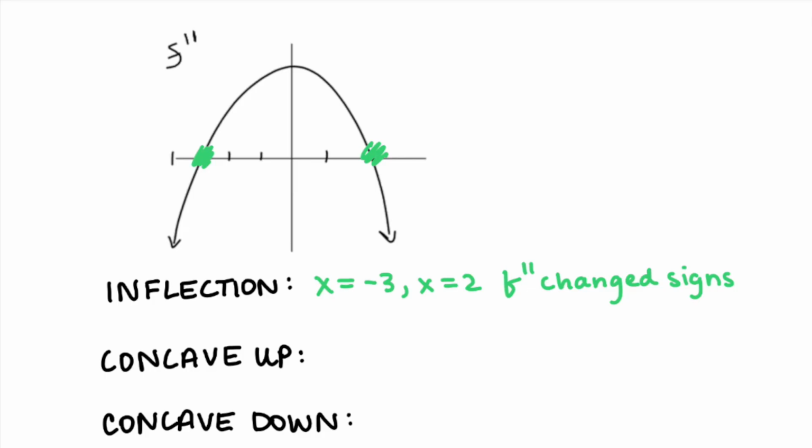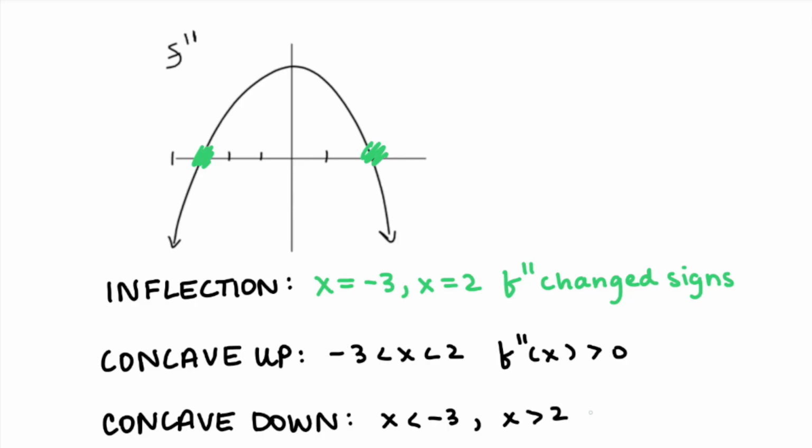And concave up is when f double prime is positive. Okay, well, f double prime, looking at the picture of it, it's above the x-axis between negative 3 and 2. I can see that f double prime of x is greater than 0. And then when x is less than negative 3, or also when x is greater than positive 2, f double prime is negative, the regular f of x, its graph is concave down.